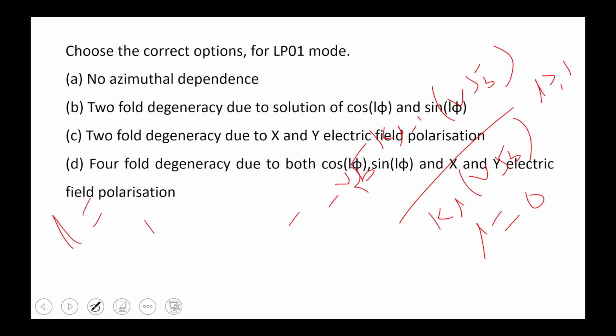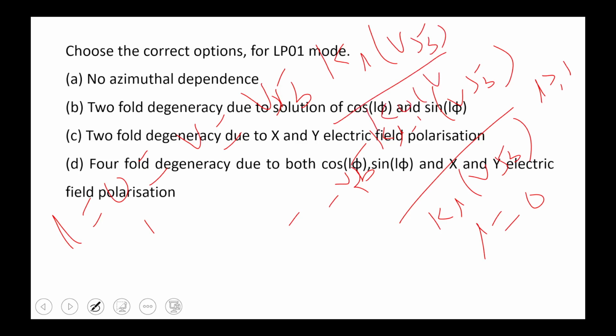So if L equals 0, then our V root B in that case. From these things you can calculate that there is no azimuthal dependence, and a two-fold degeneration due to X and Y electric field polarizations.